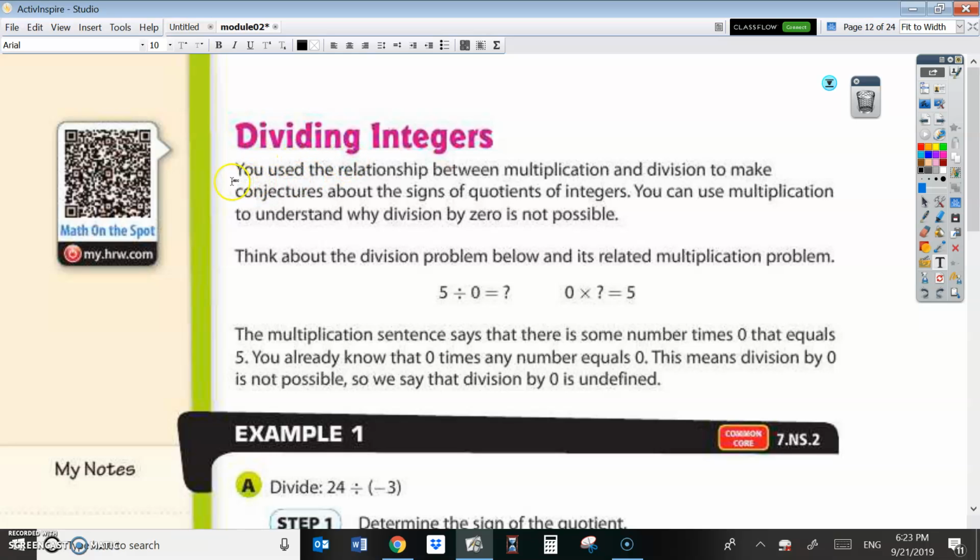Dividing integers, you use the relationship between multiplication and division to make conjectures about the signs of quotients of integers.